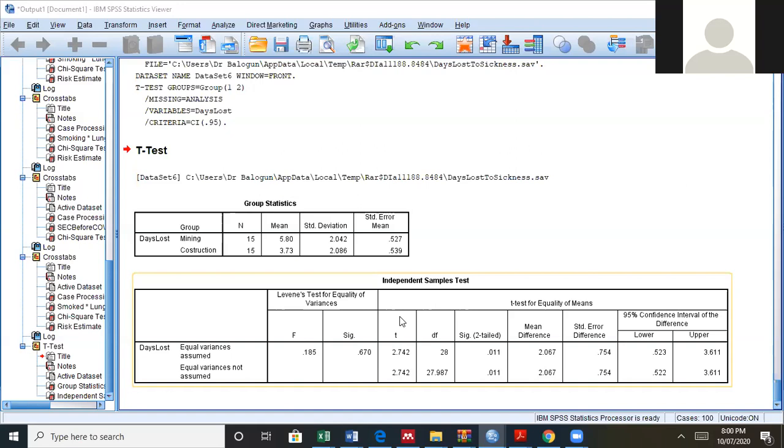Now, if you remember, I said standard error does two things, apart from telling you the variability in the population. If it's big, it means that particular thing varies very much. If it's small, it means it doesn't vary very much. But it also tells you how accurate your estimate is.